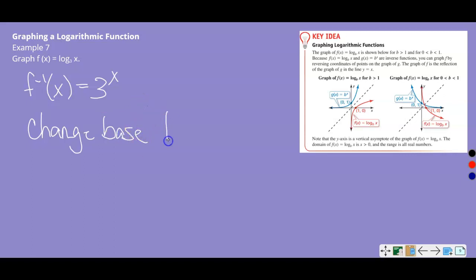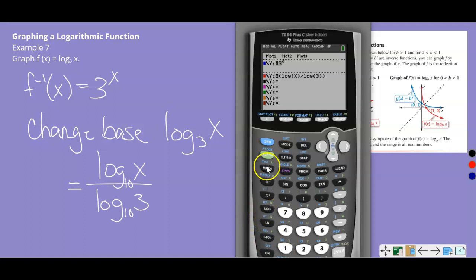Change of base goes from log base 3 of x and takes it to log of x divided by log of 3. And that just uses your base 10, and that allows you to use this main button here if you don't have the other button.